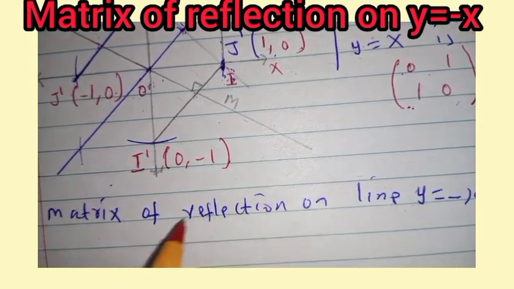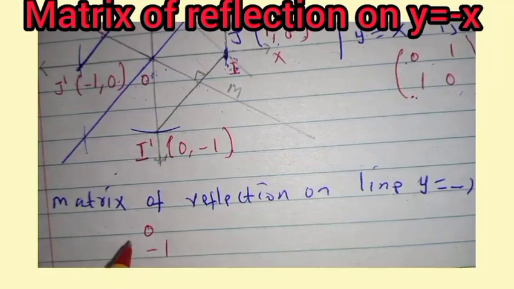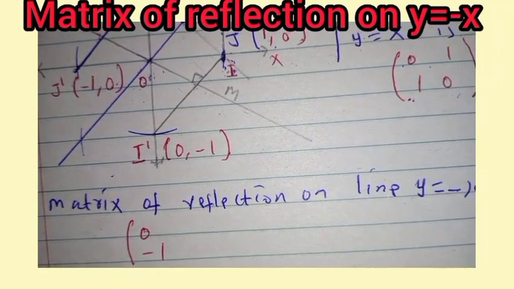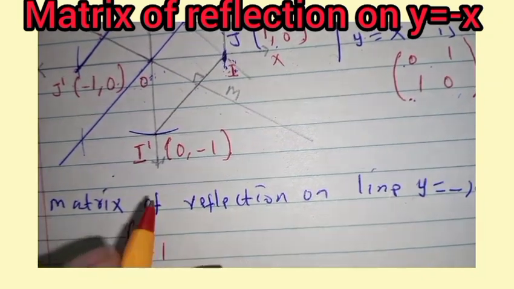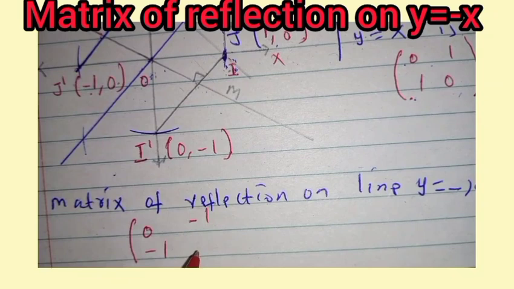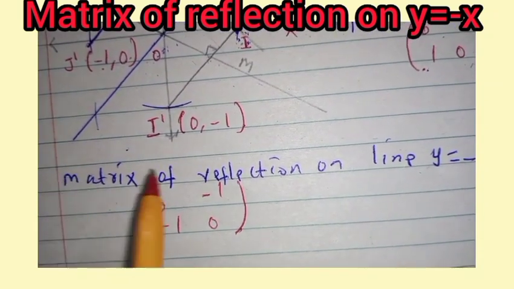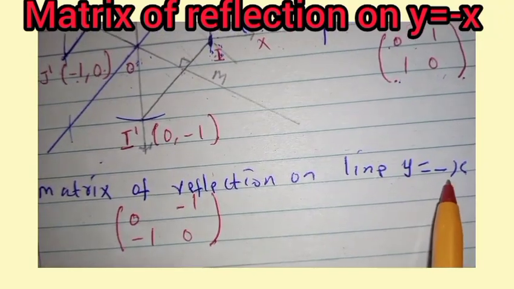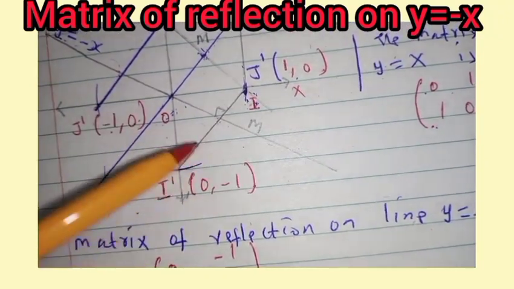So that matrix will be given by, we have seen here, 0, -1, and the other part here, -1, 0. So that is the matrix of reflection on the line y is equal to -x. This line here. So it is very simple.